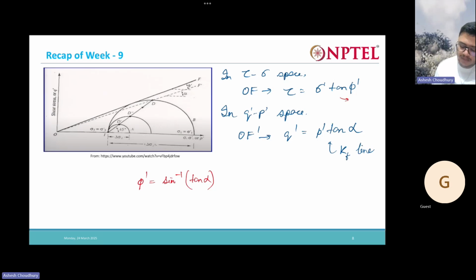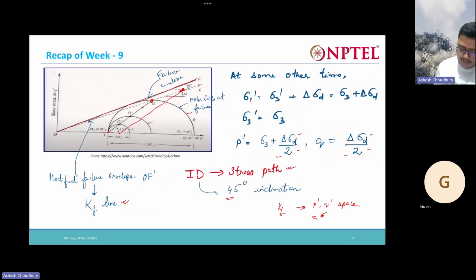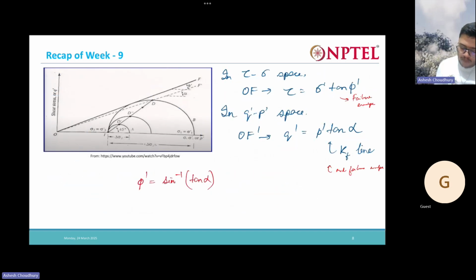So this is the equation of the failure envelope, and this is the equation of the modified failure envelope, the KF line. If you know the slope of the KF line, alpha, you can relate it to the slope of the failure envelope, that is phi, the friction angle. You can get it like this.